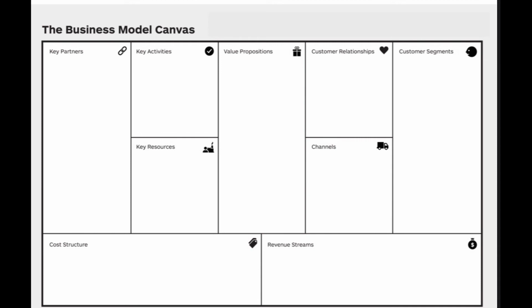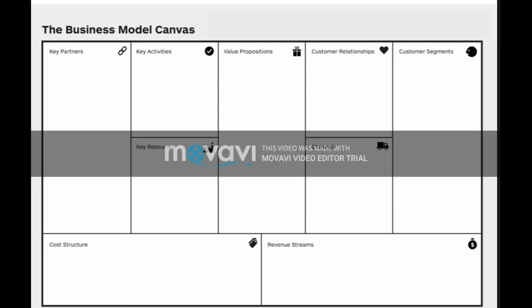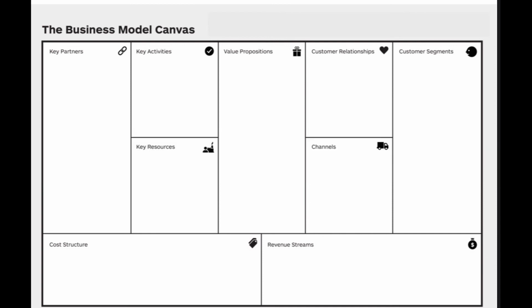What are the resources that can allow you as an organization to meet all these things, to meet the key activities, whoever your key partners are, the value proposition, the customer relationship idea, the customer segmentation? What are the resources you need to put into motion? Is it technology? Is it investing more in people, as in your employees?